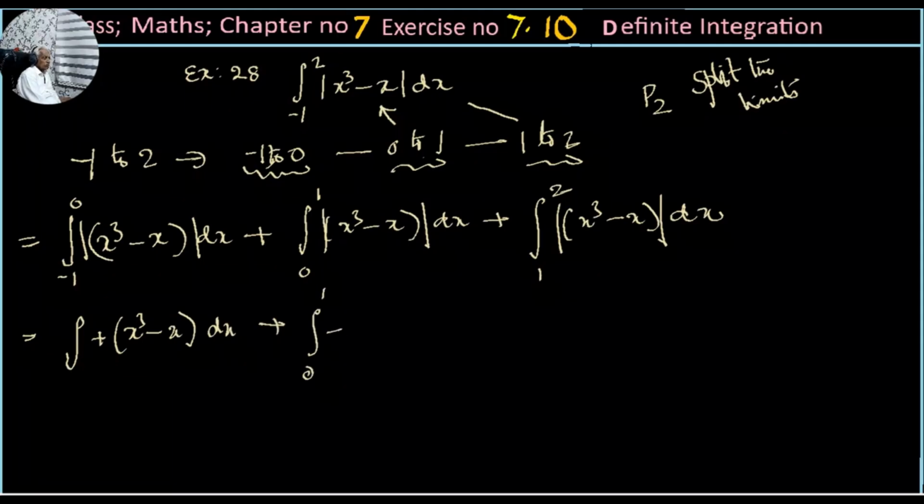This becomes negative, so I am writing minus x cubed minus x, plus 1 to 2, where this becomes positive, so plus x cubed minus x. I avoided the mod sign here. The mod sign is removed and actual signs are put. I should put the limits here.